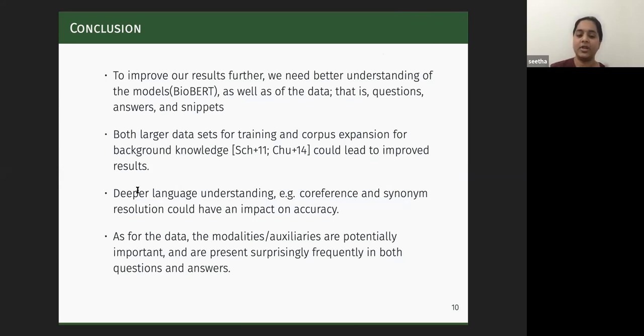Another thing we would like to conclude is that deeper language understanding, that is co-reference resolution and synonym resolution, could also impact accuracy. As far as the data is concerned, modalities or auxiliaries are potentially important and are present surprisingly frequently in both questions and answers. These are some conclusions we have based on our preliminary error analysis results.